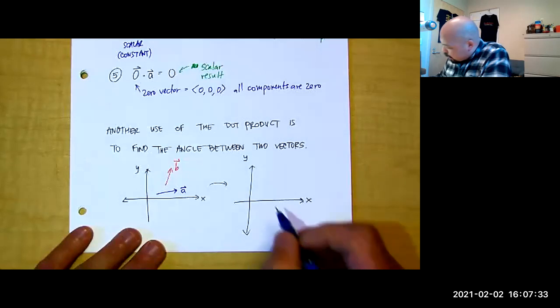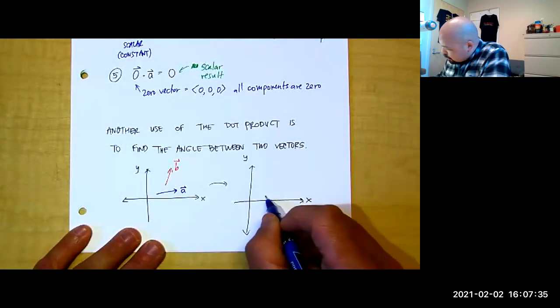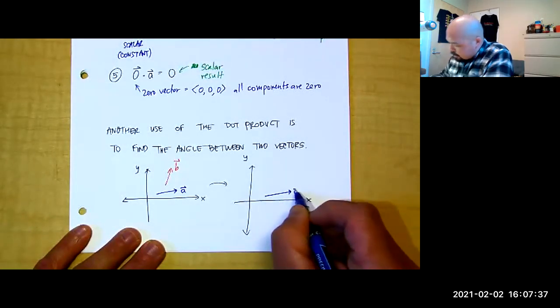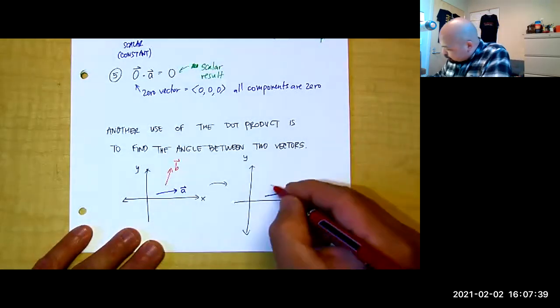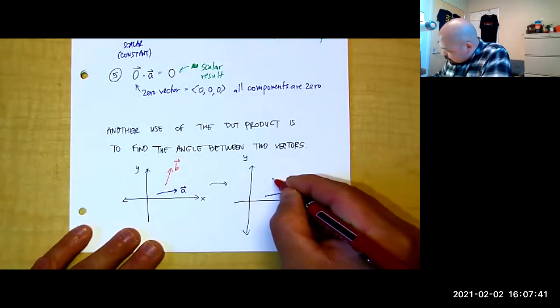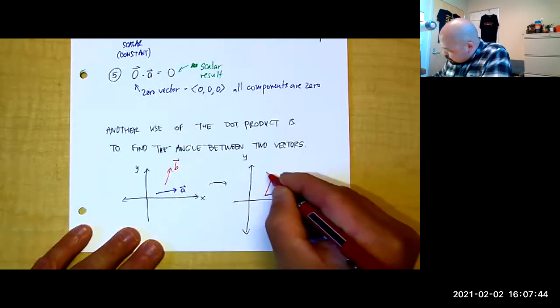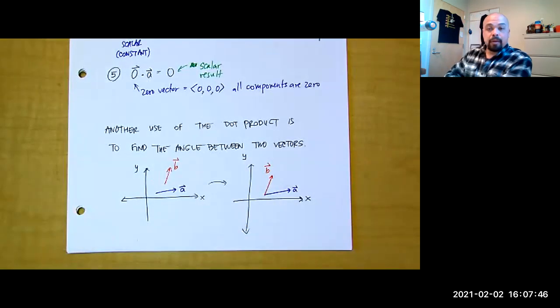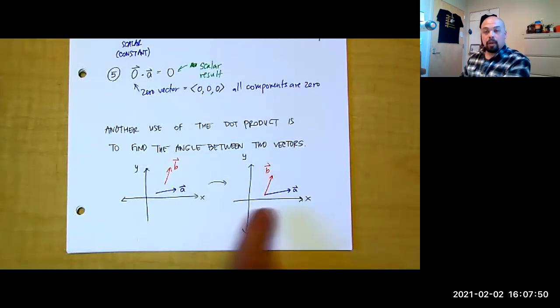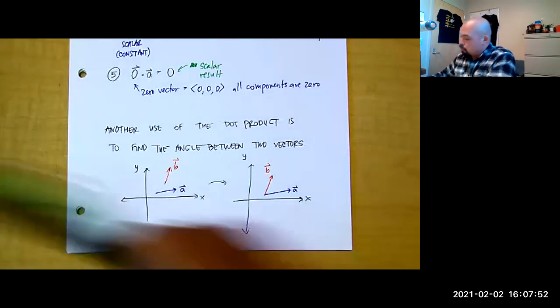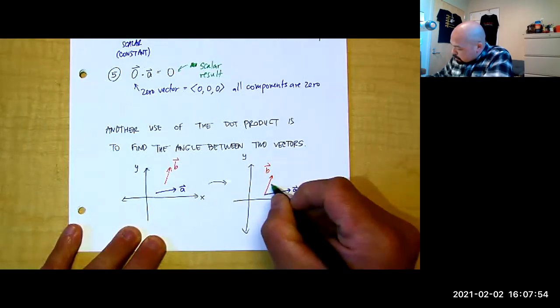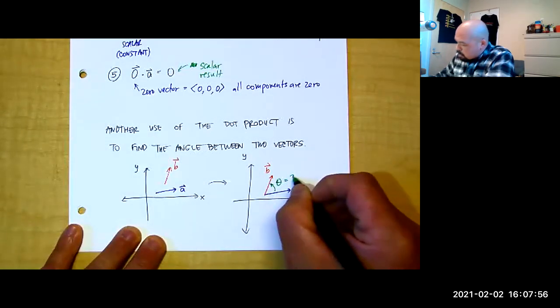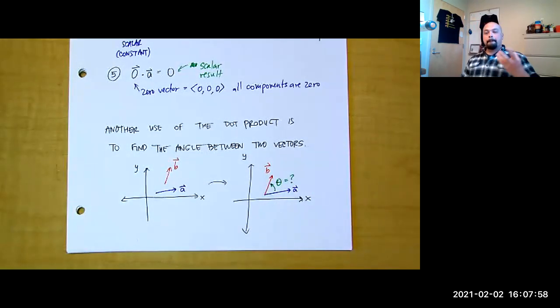But if we do so, as best I can, to make it so that their tails coincide, right? So if I did a little bit of shift to get their tails to coincide, we might want to identify how wide of an angle is between those 2 vectors.